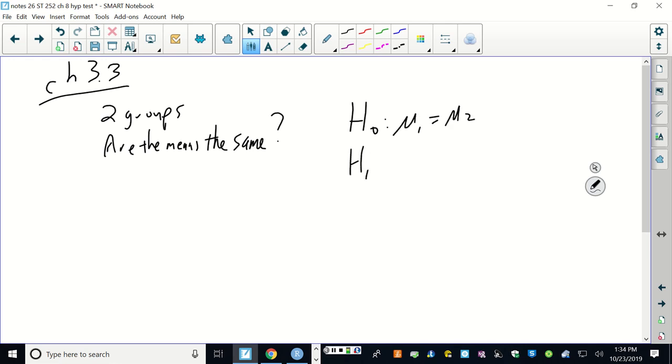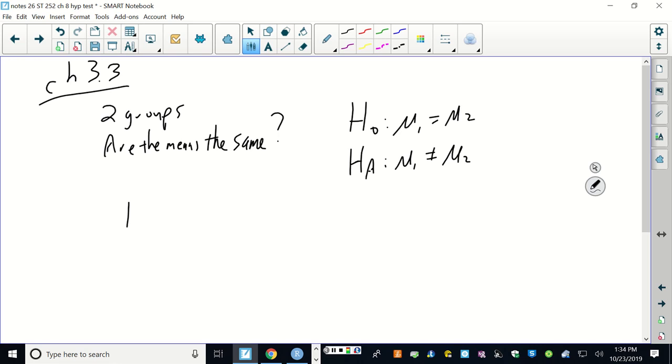An alternative could be just that they're different. In some contexts, you might clearly think one is larger than the other, maybe because there's some preliminary data or really solid rationale based on what you understand. But generally we say they're different as an alternative.